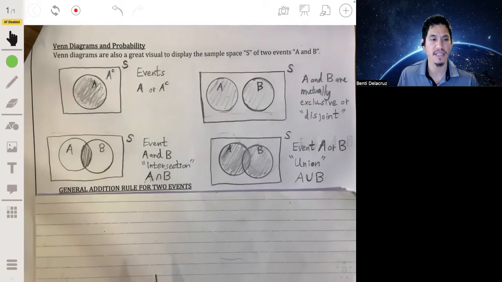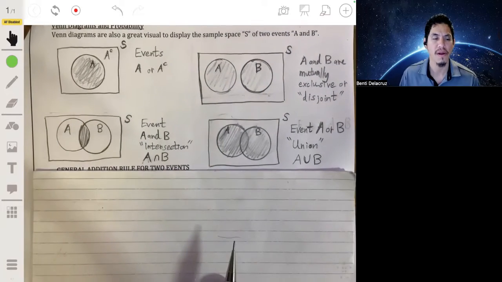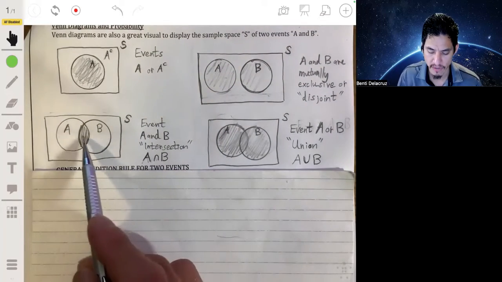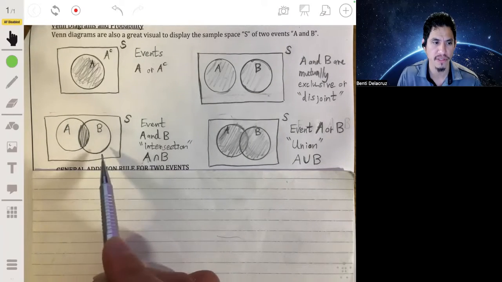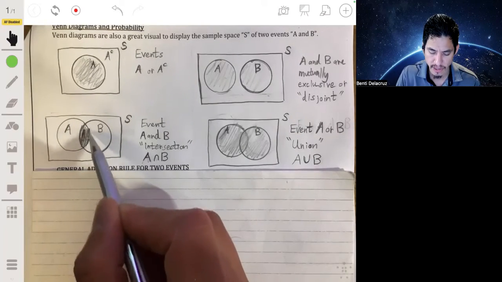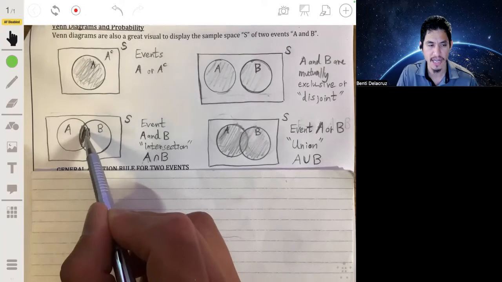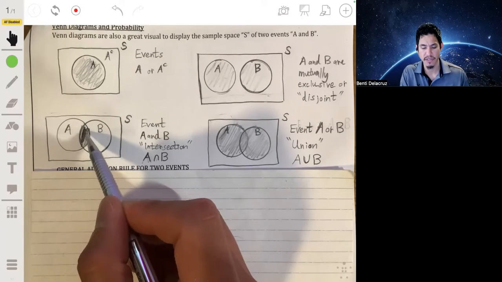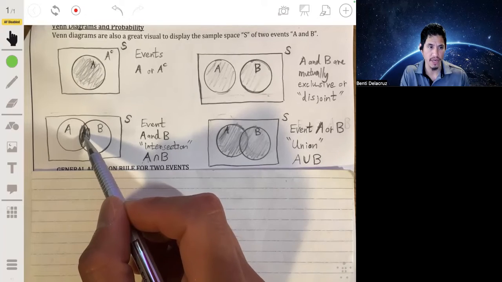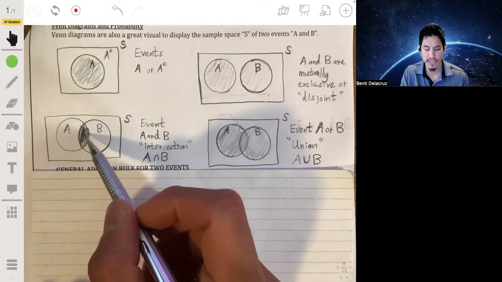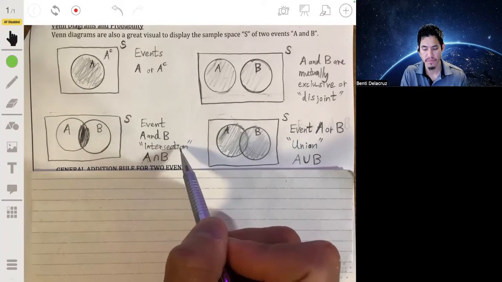Now we have our next two, where you have events A and B, all within the sample space, so all within the universe. And here we're focusing on their intersection. See, they intersect. So this shaded region represents A and B both occurring. So we call this the intersection.